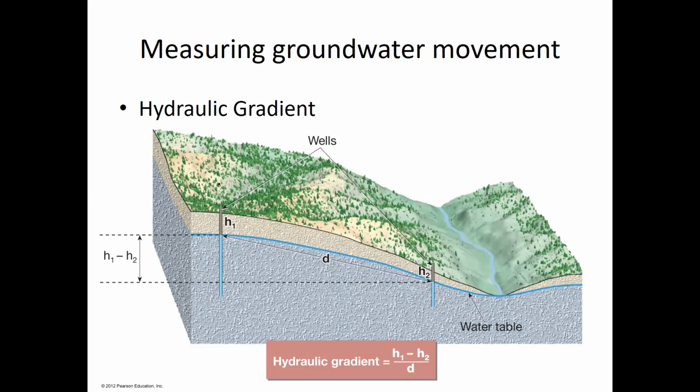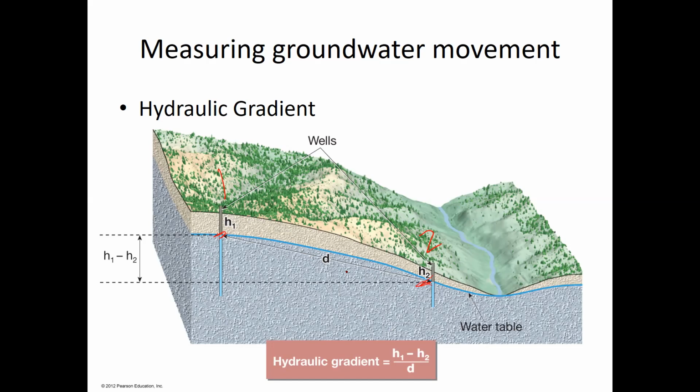So if we want to know how fast groundwater will flow from point 1 to point 2, we need to know the horizontal distance between them, d, and the change in elevation between them, which is h1 minus h2. That gives us the hydraulic gradient. The larger the hydraulic gradient, the steeper the slope, the faster the water will flow. If h1 and h2 are the same height, then h1 minus h2 is 0. That means there's no hydraulic gradient and water will not flow.